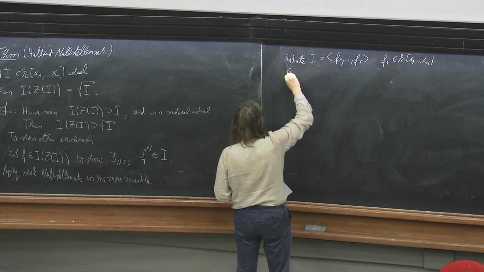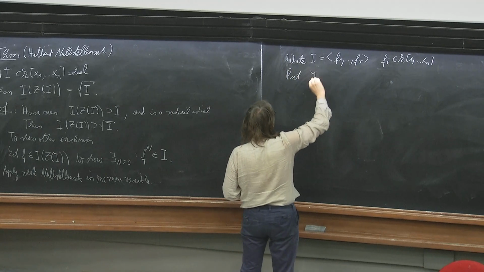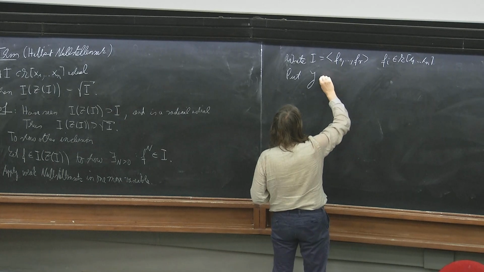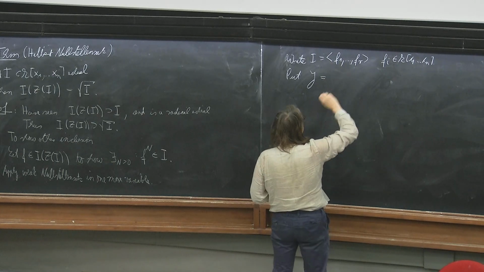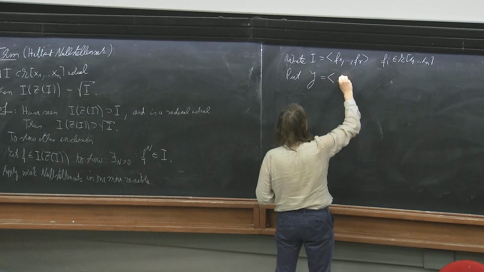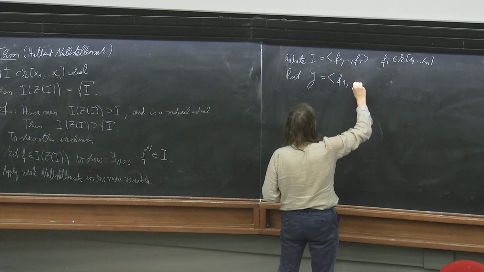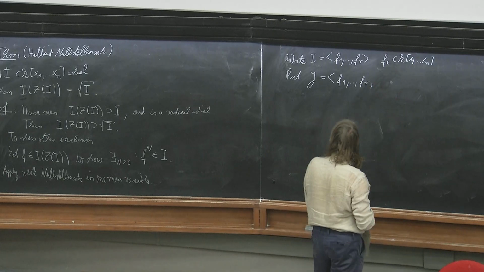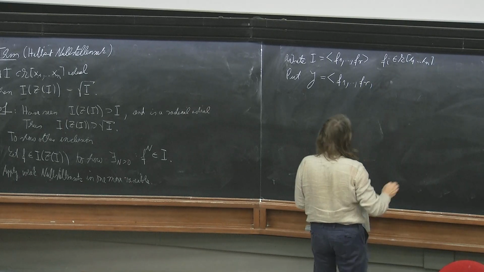Put an ideal J. So take the ideal generated by the self-same f1 to fr plus one more generator, which also involves one more variable.